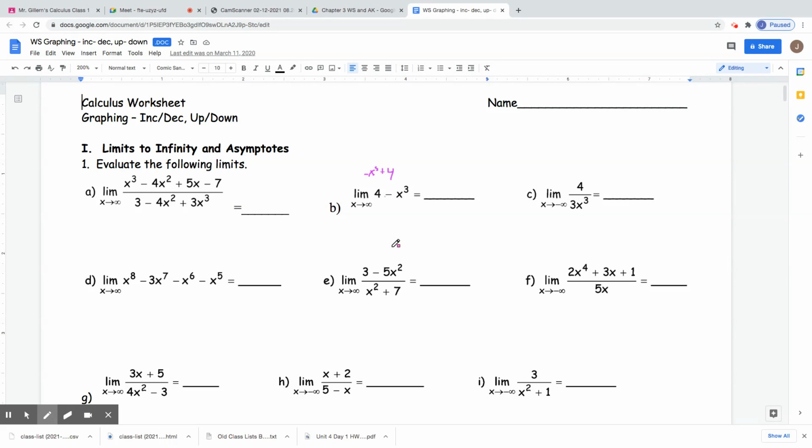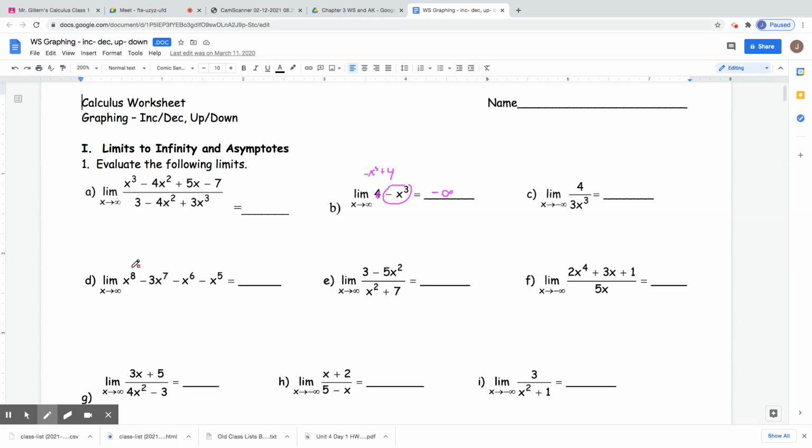So negative x cubed is my leading term. It's not 4, so I don't care about 4. I just care about negative x cubed. If I plug in infinity for this, infinity cubed is positive, but there's a negative out front, which means it would be negative infinity as my answer.